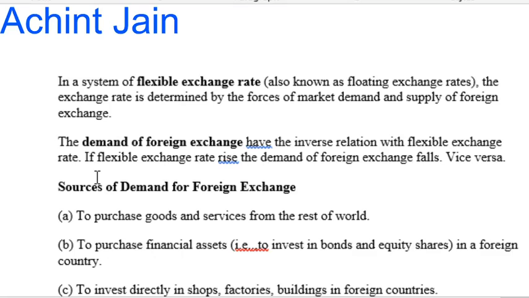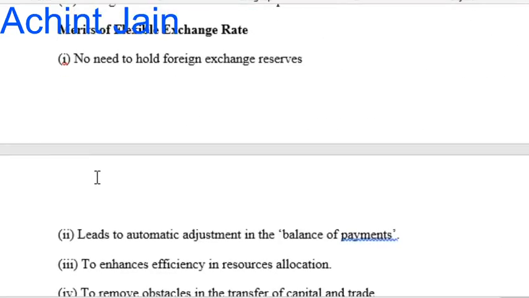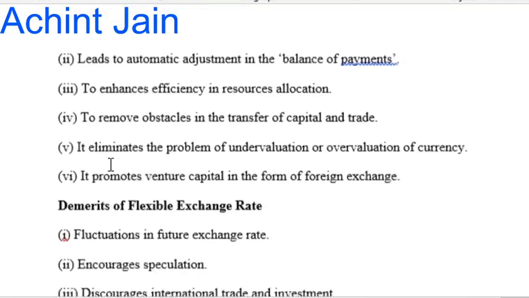The various merits of the flexible exchange rate system are: there is no need for the government to hold any reserve. It eliminates the problems of undervaluation or overvaluation of currency. It promotes venture capital in the form of foreign exchange. It enhances efficiency in resource allocation.